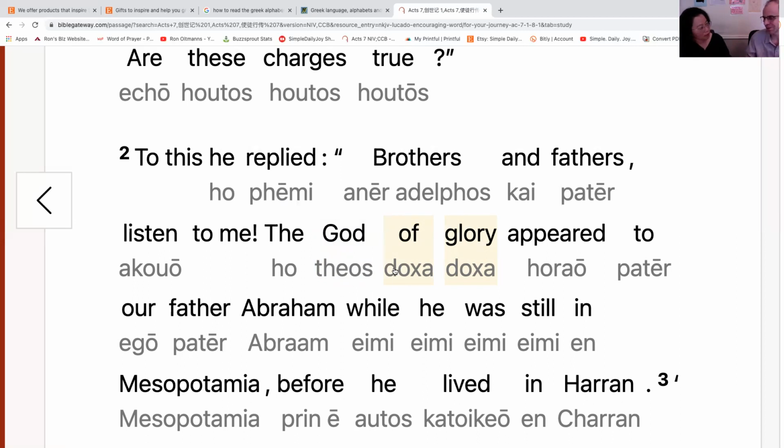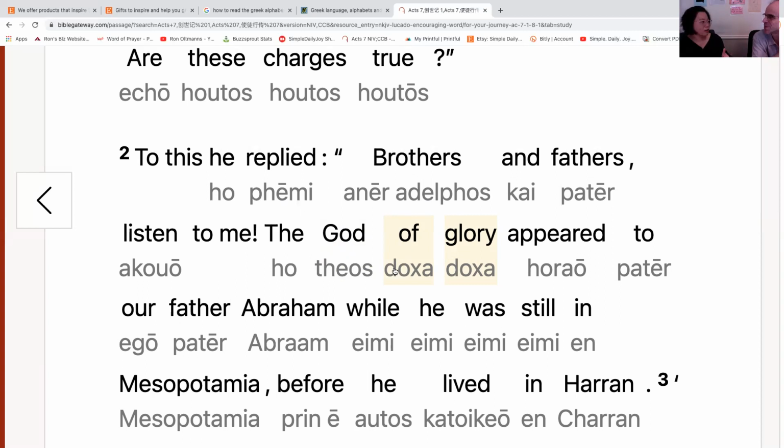Ology is literally from the Greek word for word, logos. So a doxology is a word of glory, a word praising God's glory. Theology, theos logos, is the words about God, in other words the study of God. A doxology is a hymn of praise to God's glory.